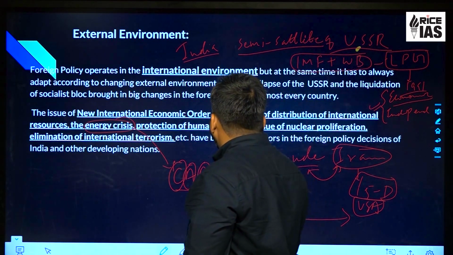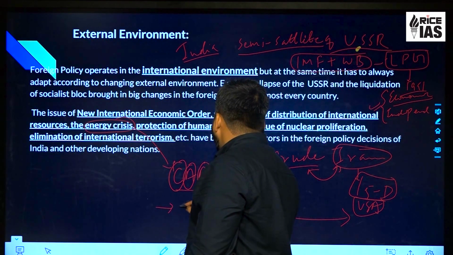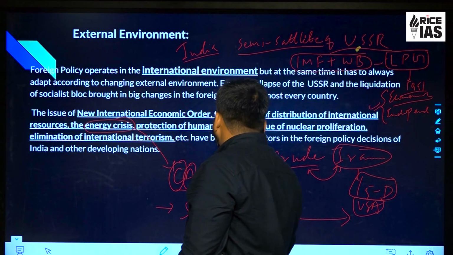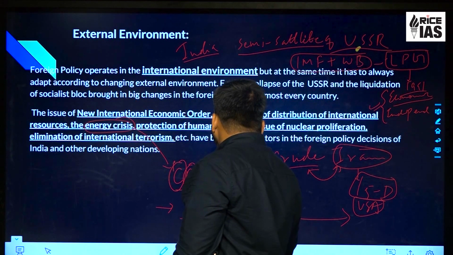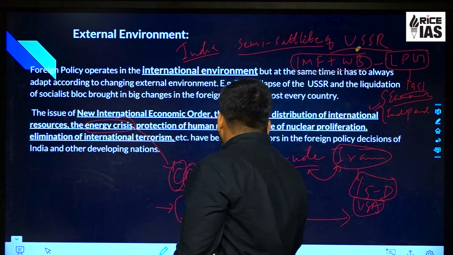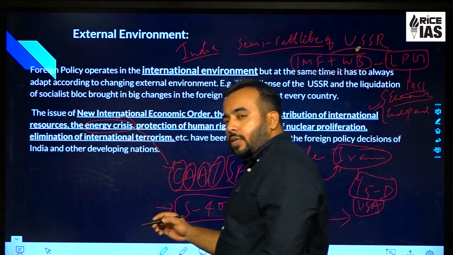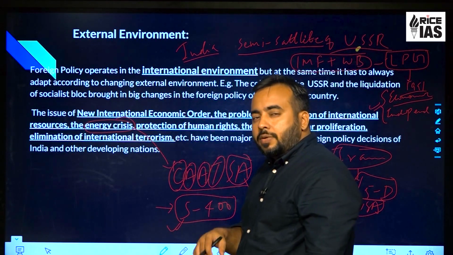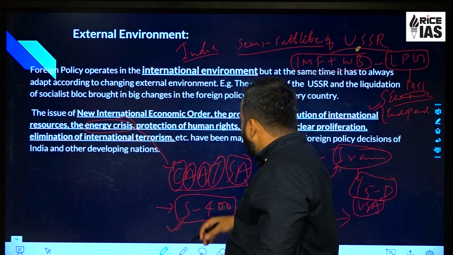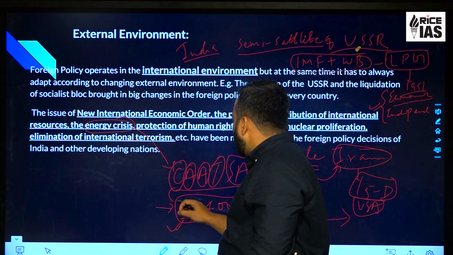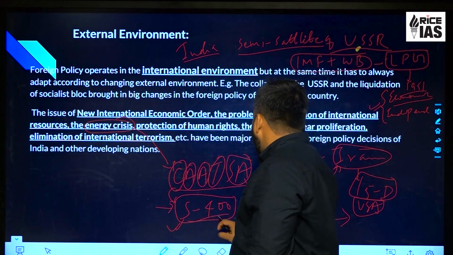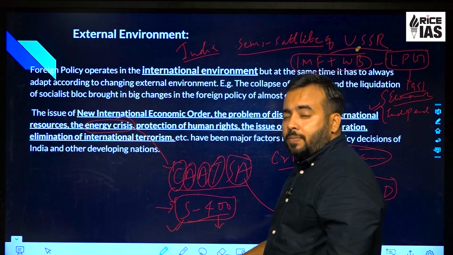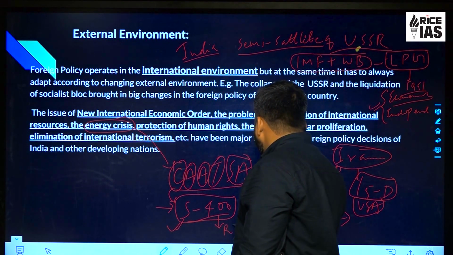But recently India got a waiver from CAATSA when India, despite all the pressures, did not compromise on its sovereignty and security, and went ahead with the S-400 defense systems from Russia.